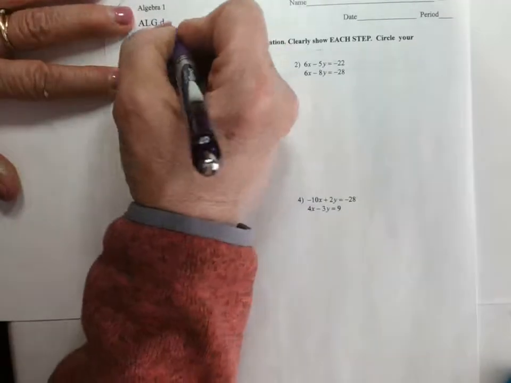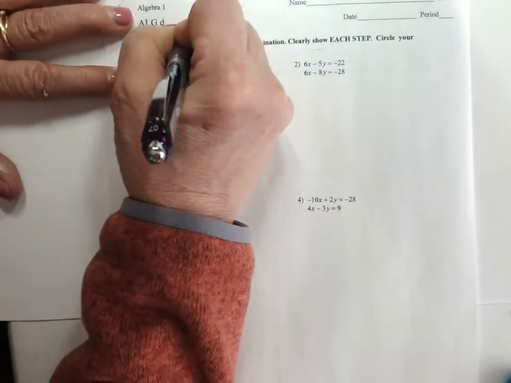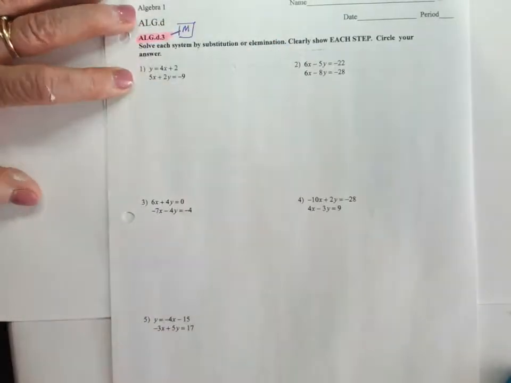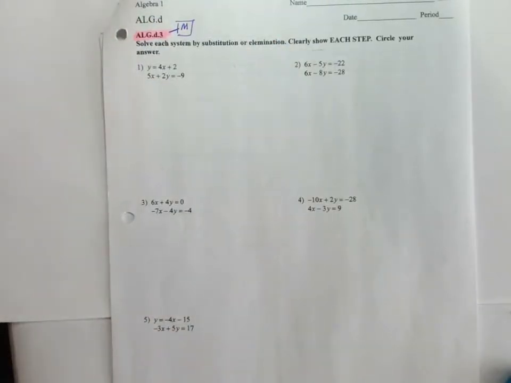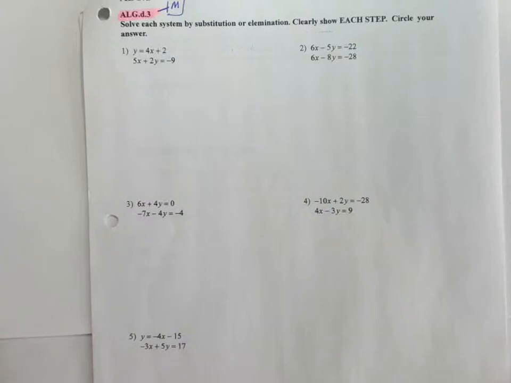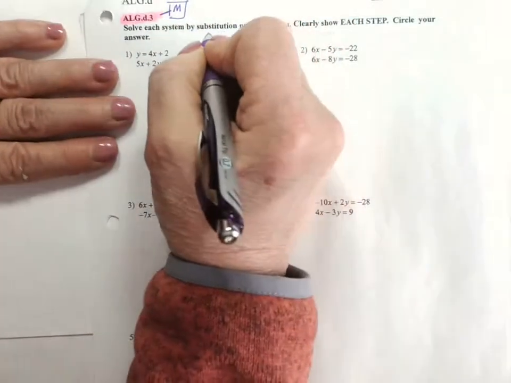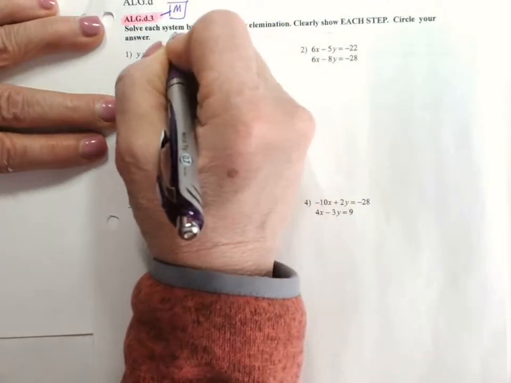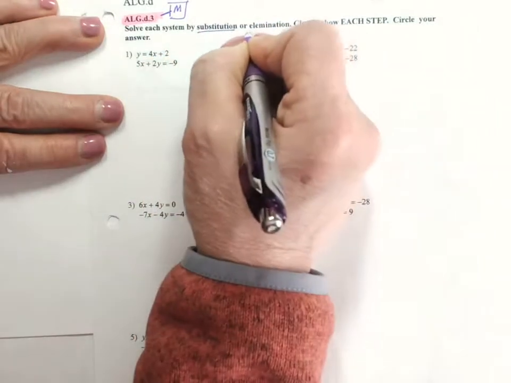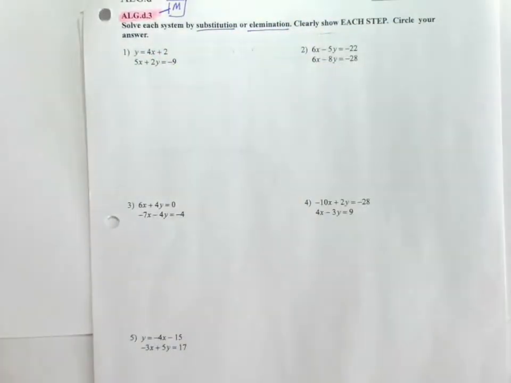The next criteria is meets. I'm not going to go through these problems because you have a choice to solve the system either with the substitution or the elimination method.